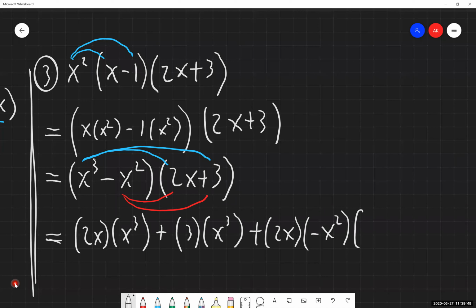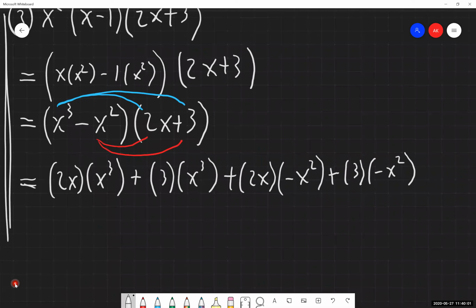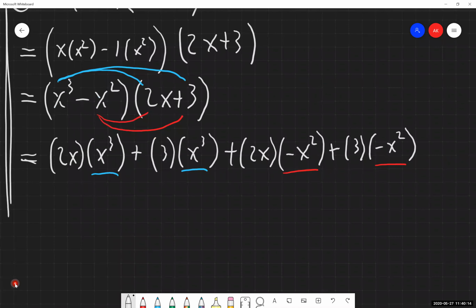So again, the actual raw distribution process, nothing is changing from what we did previously. So we have the x cubed distributing there. We have the negative x squared distributing through there. And now we just multiply and simplify all these things together, just like we did previously.